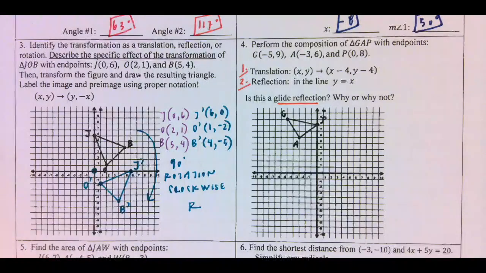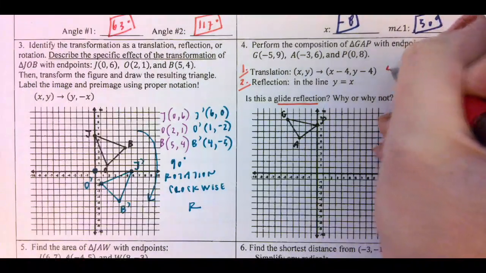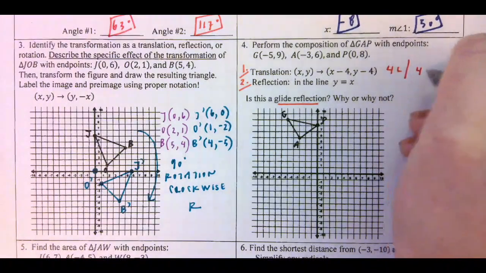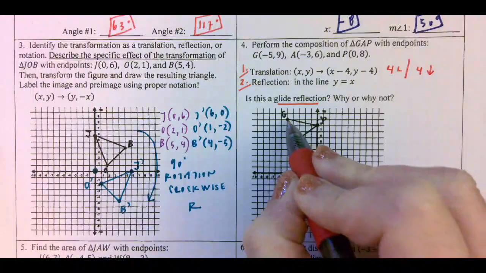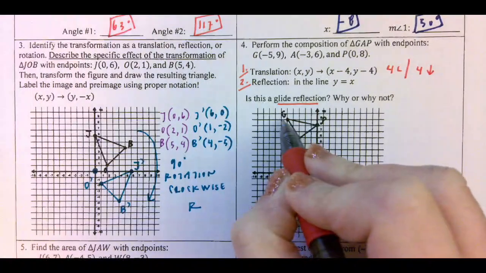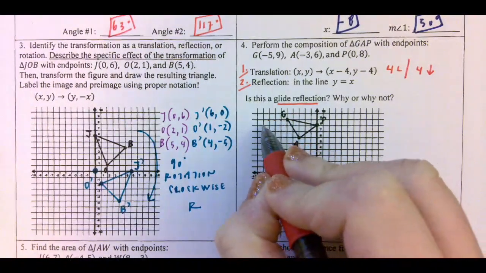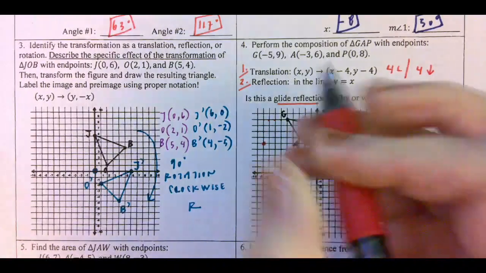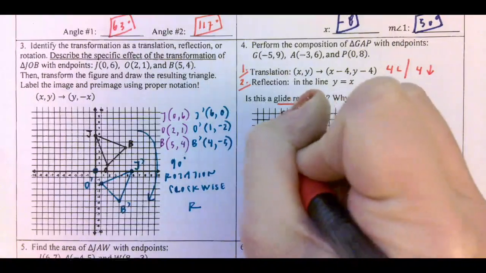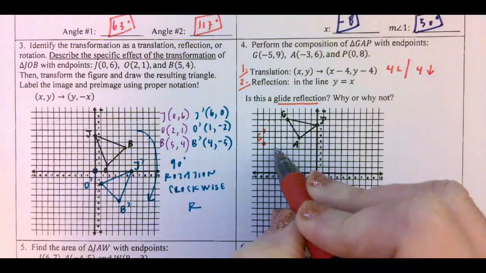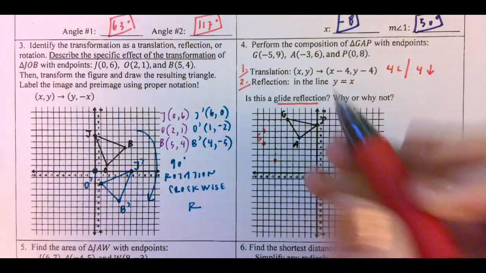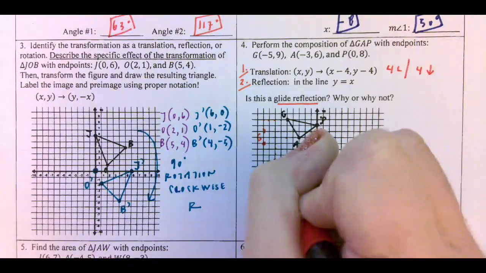All right. So first we apply the rule for the translation. So it's saying let's go 4 left and then 4 down. So if I start with the G, I'm going 4 left, 1, 2, 3, 4, and then 4 down. Right there. So there's my G prime. Okay, my A, 4 left, 4 down. Here's my A prime.